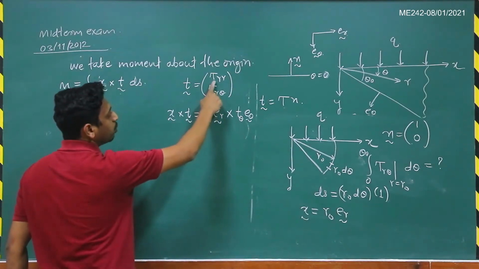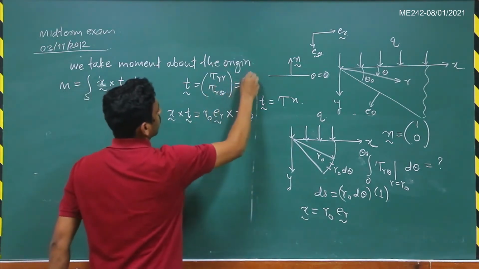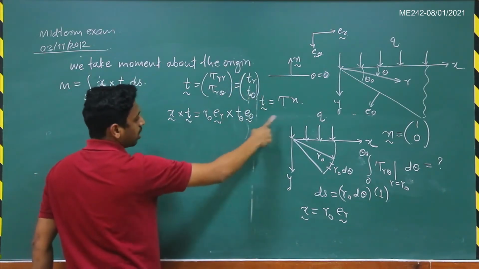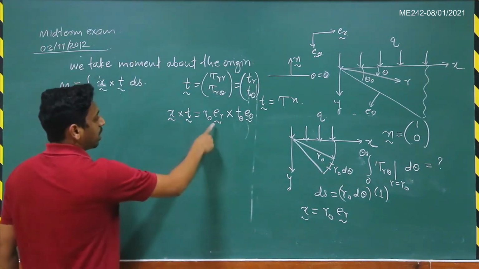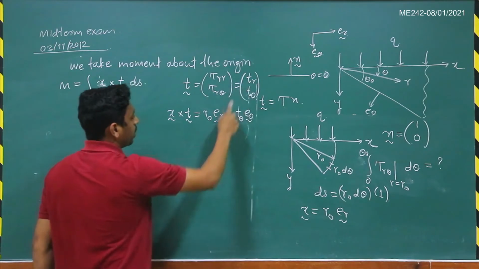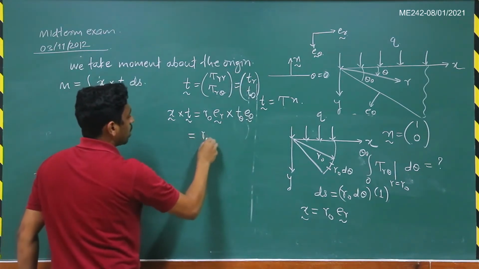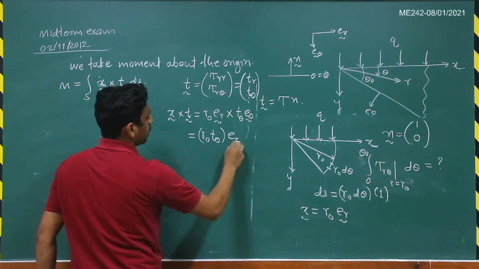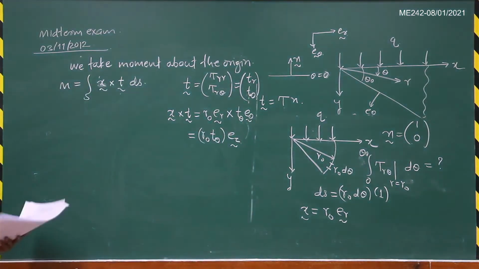Actually the traction would be tr er plus t theta e theta. But as we are taking a cross product with er, this term will not be contributing. So by solving this, we can get t theta Ez.